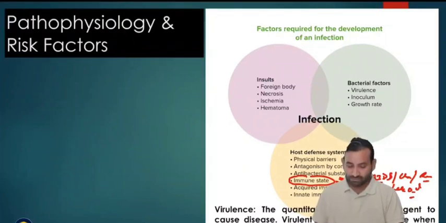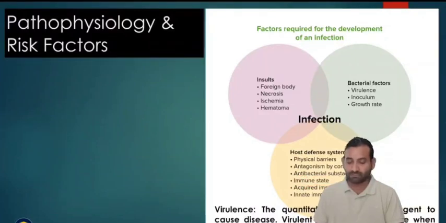Similarly, we have the immune systems, like the acquired immunity or the innate immunity. In this, we have the humoral immunity, or we have the cellular immunity, right. Humoral immunity may be the antibodies, right, or we may have the opsonins. What are those opsonins in our body? This is the question in the exam. IgG, IgM, right? So these are the opsonins in our body.